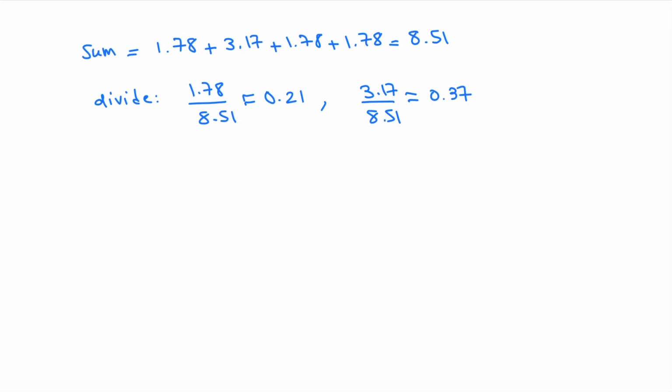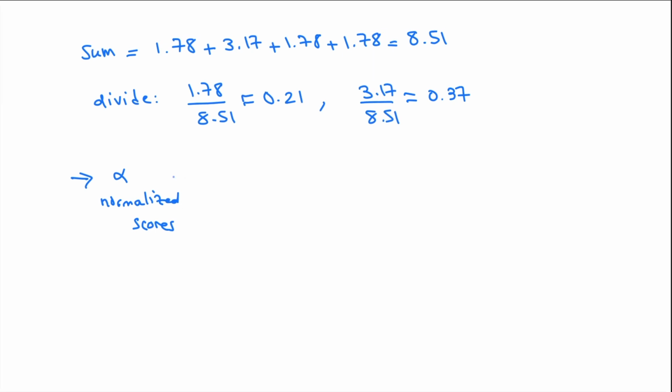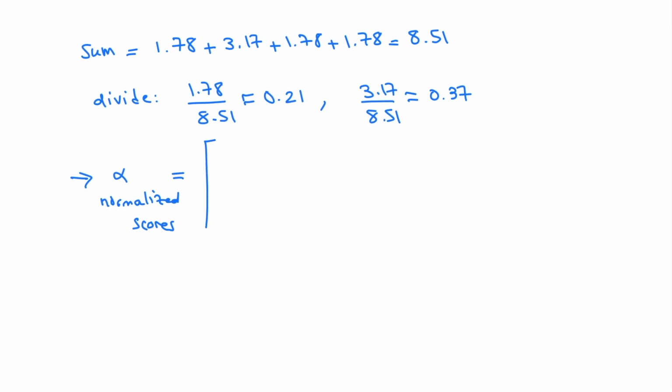And now we can form what we call the alpha vector. This is the vector of scores after we apply the normalization by the square root of dk and then apply the softmax function. So these normalized scores are 0.21, 0.37, and then 0.21 and 0.21.